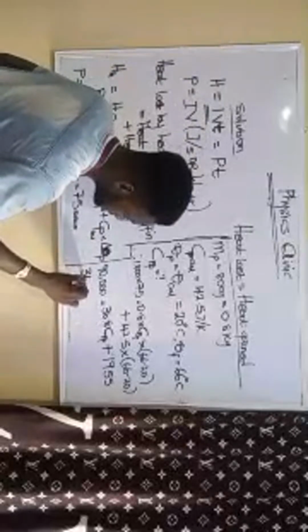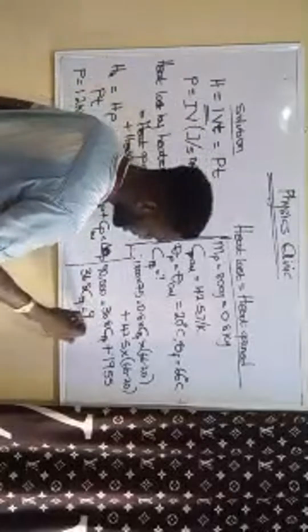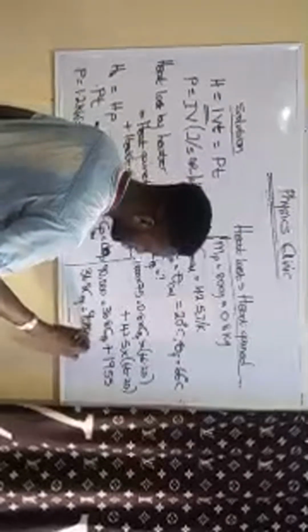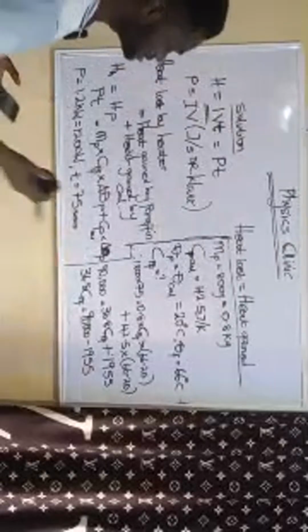So if I collect like terms here, it will be 36.8 C_PF equal to 90,000 minus 1955. All right, I want to believe you are following.